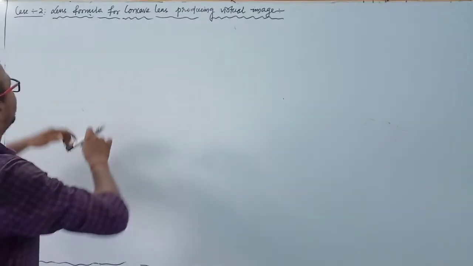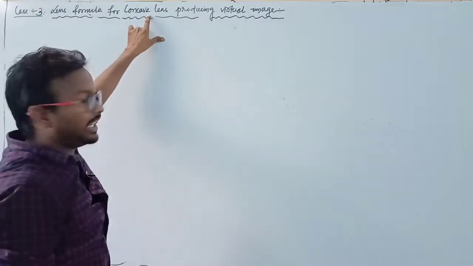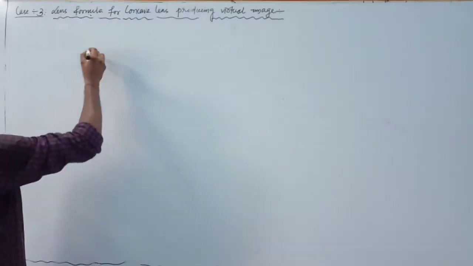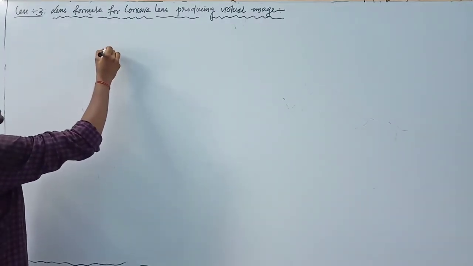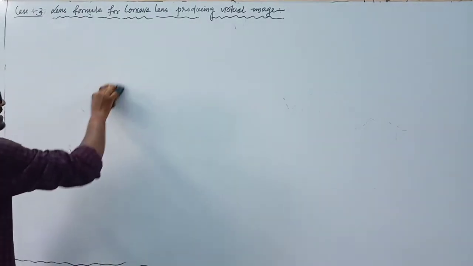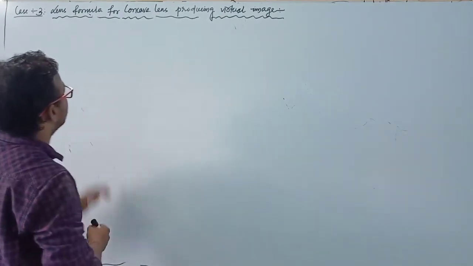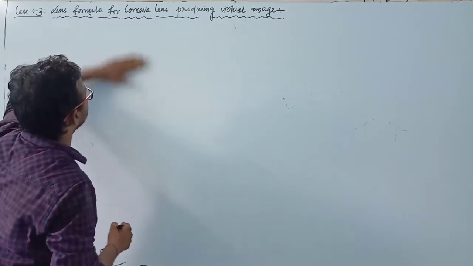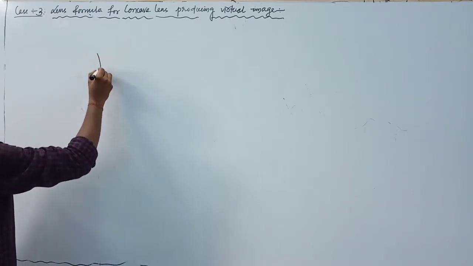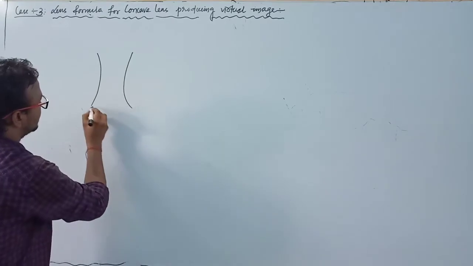Next we have to derive the same lens formula by using a concave lens, which produces a virtual image. So first take a concave lens here. Suppose there is a concave lens like this.